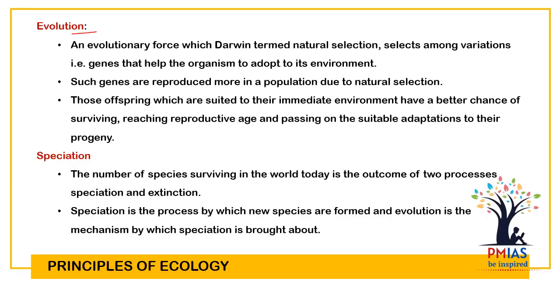And evolution, again the same thing, Darwin termed it natural selection. So evolution is based on adaptation to its environment. These topics are not that important, so I'm going faster. It is up to you, you can just look at evolution and speciation.